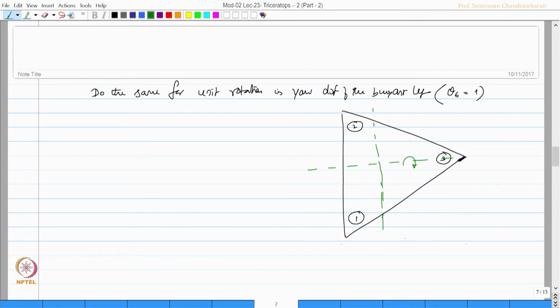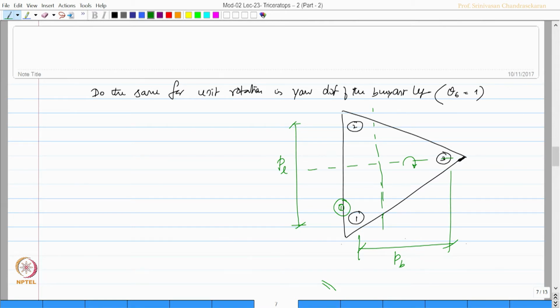We know this is PL and this is PB. Equations will now be available for deriving the stiffness matrix coefficients. Let us say this is my new position of the first leg.